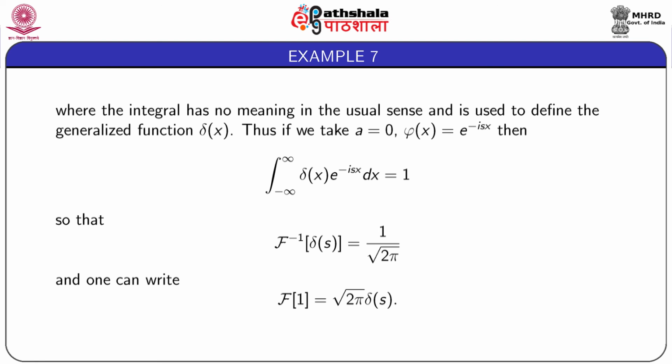So that using the property of the delta function, we see that this is the Fourier inverse of delta(s), and that is equal to 1 by root 2 pi. So, we write the Fourier transform of 1 as root over 2 pi into delta(s). So, this is the Fourier transform of the function f(x) equal to 1.